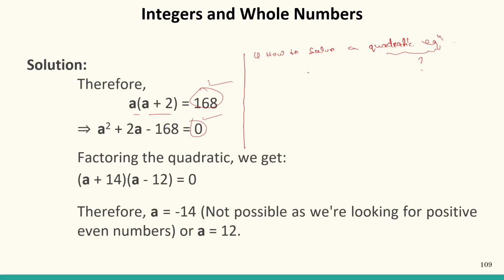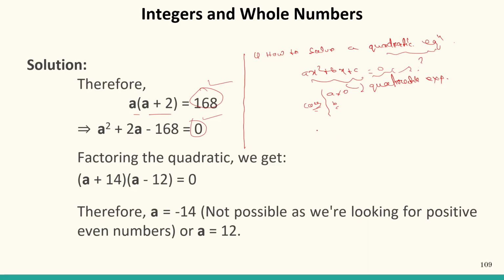An expression of this form, that is ax square plus bx plus c. This is called a quadratic expression. Here a must not be equal to 0, and b, c are constants. Equating it to 0, what we are left with is a quadratic equation. That is what a quadratic equation is.